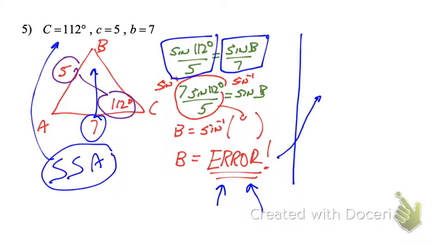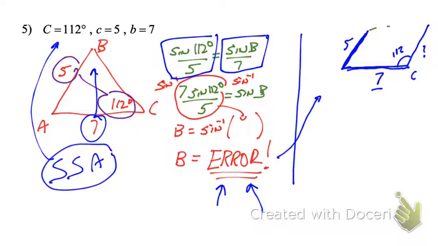Now the question is, why did we get an error message? Well, let's draw our triangle a little more proportionally correct here. We had a bottom side of 7, and we had an angle C of 112, so that looks pretty close to 112. Now we do not know what that side is, but think about what we knew over here. We knew this was 5. This is 7, so if I keep them proportionally correct, that looks like it would be about 5, and all of a sudden what happens?